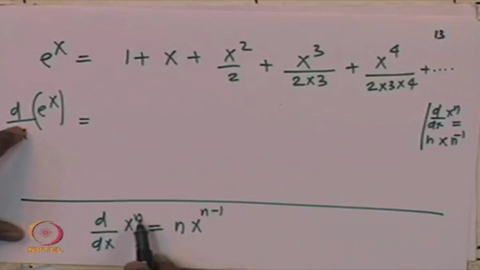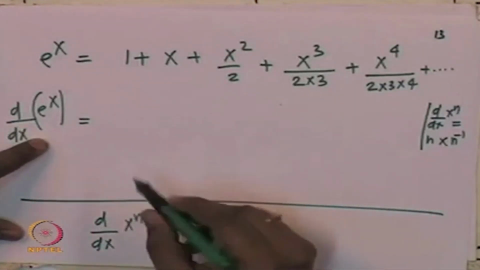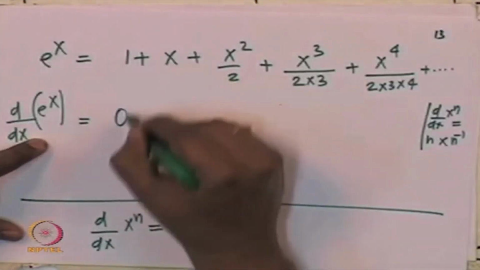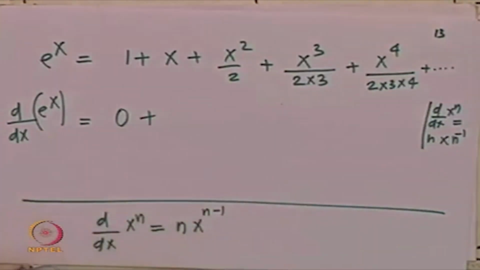So, when n is equal to 0, you get x power 0, which is 1, and the derivative of 1 is 0. So, this is the derivative corresponding to 1.